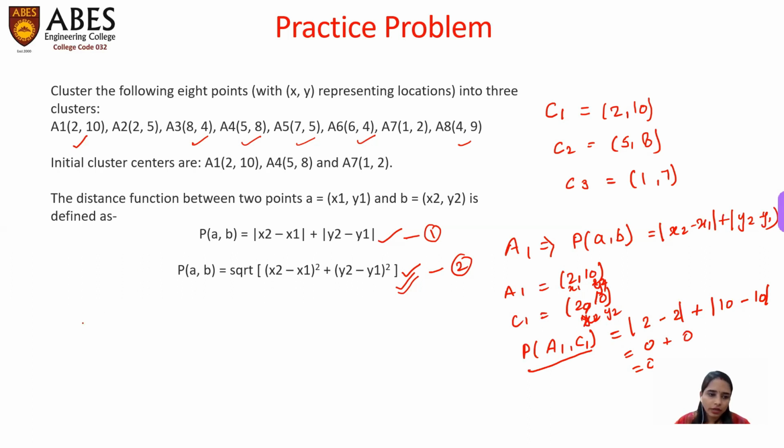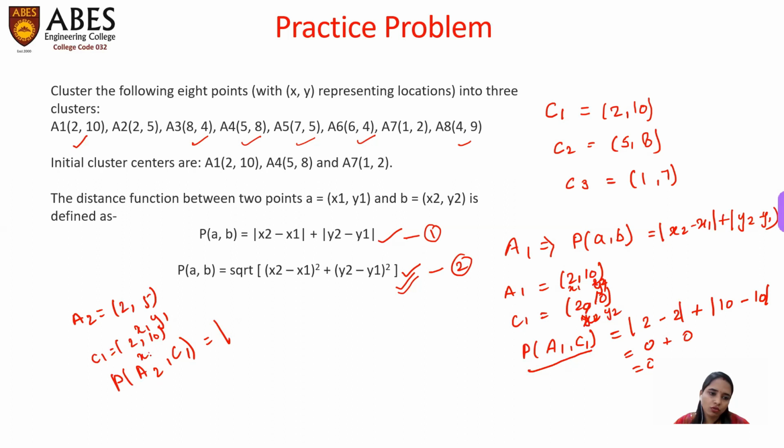Now we will calculate the distance for the next data point A2, that is 2, 5. So x1, y1 are 2, 5, and the center of cluster C1 is 2, 10.